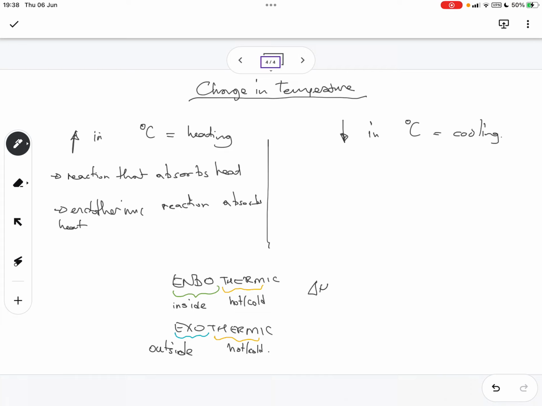Yes, to identify these in equilibrium, when a reaction has delta H less than 0, then this means it is exothermic.